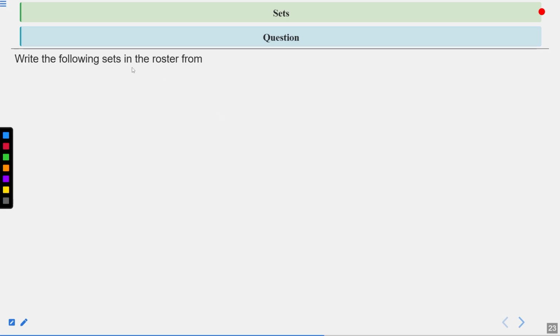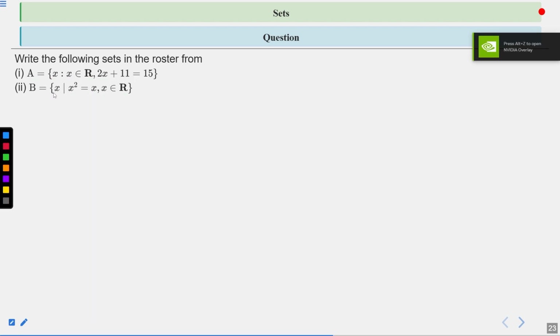Now let's see some more questions. We have to write the following given sets in roster form. A: a set builder form is given to you. Collection of all x such that x must be real and satisfying the given linear equation.